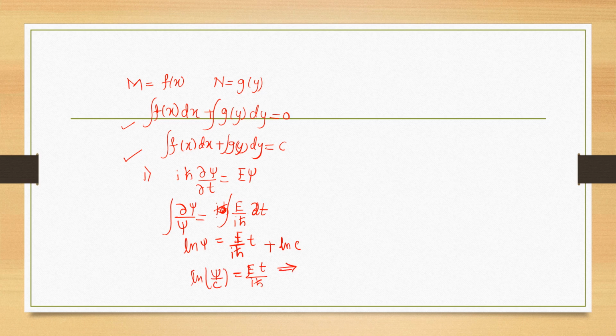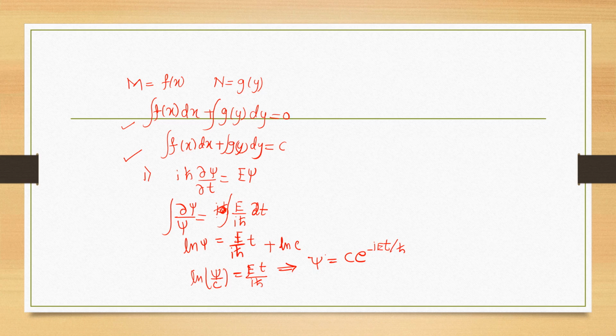Or I can rewrite that equation as psi equal to C e to the power minus i E t by h cross.